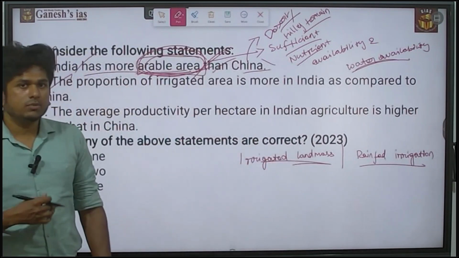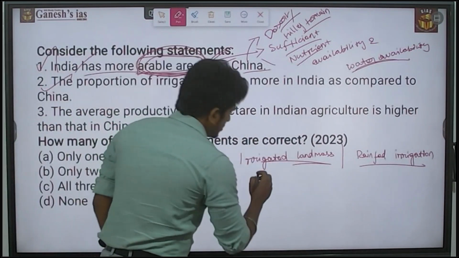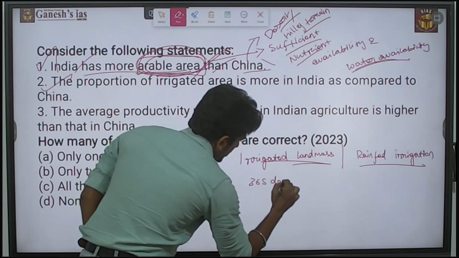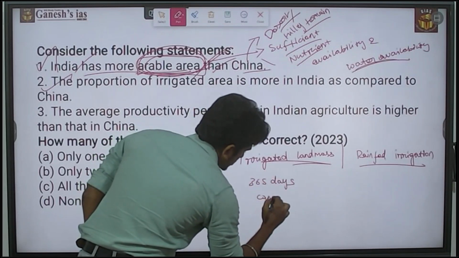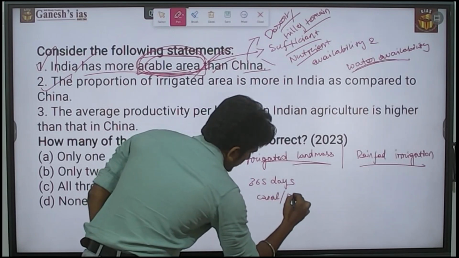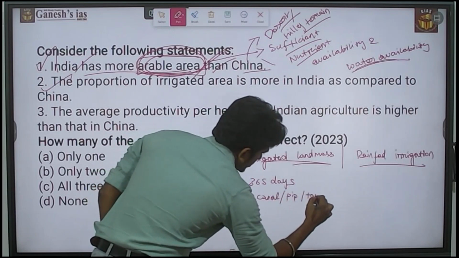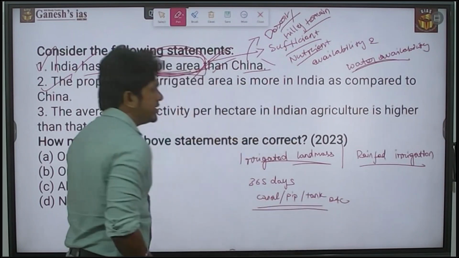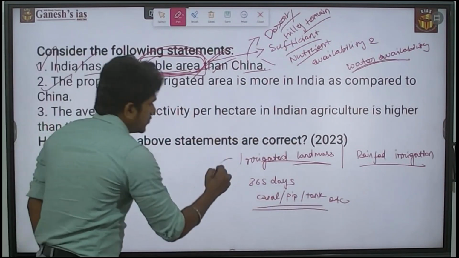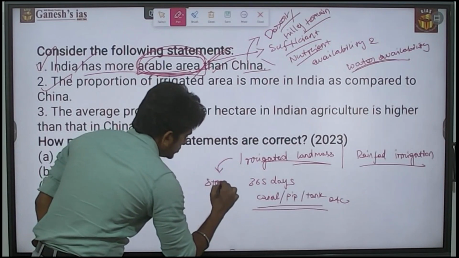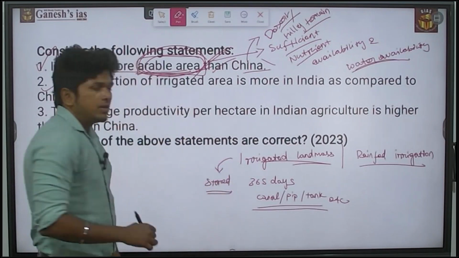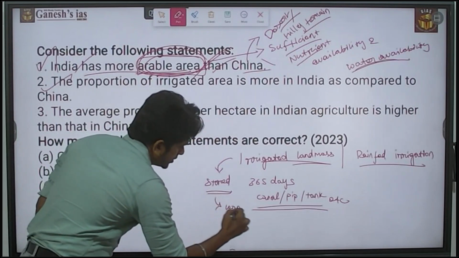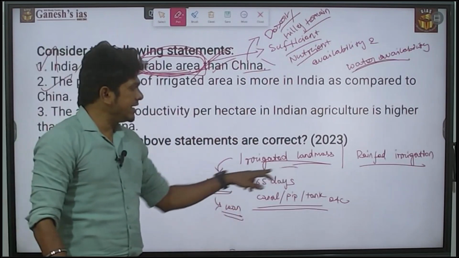Irrigated landmass is nothing but land having water availability for 365 days based on canal irrigation, pipeline, tank irrigation, etc. These are called irrigated landmass, which means the water is stored and used in the lean season.